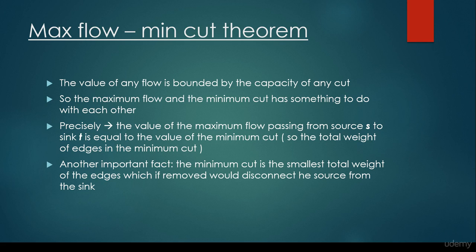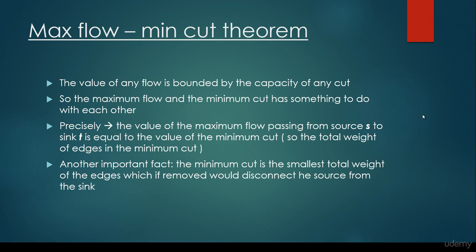Just to be precise, the value of the maximum flow passing from source S to sink T is equal to the value of the minimum cut, so the total weight of edges in the minimum cut. Another important fact is that the minimum cut is the smallest total weight of the edges which, if removed, would disconnect the source from the sink.